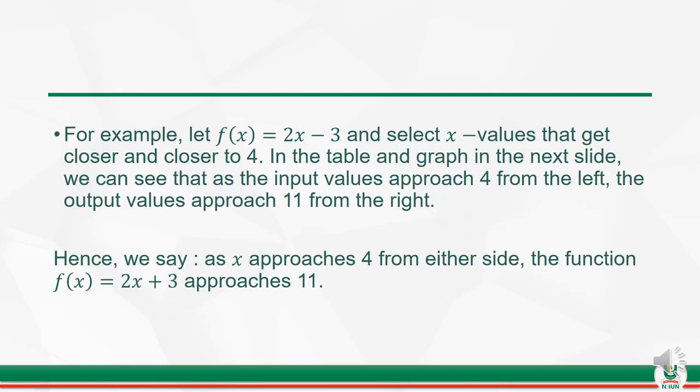As we say, as x approaches 4 or tends to 4 from either side, the function f of x is equal to x plus 2 approaches 11. We say either side can be from the left side or from the right hand side.